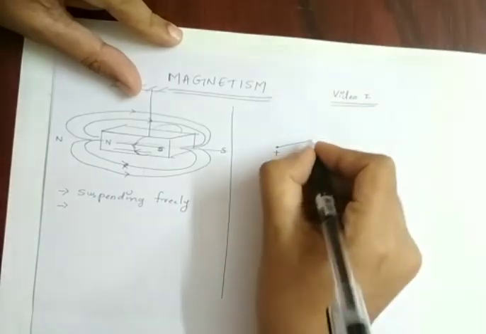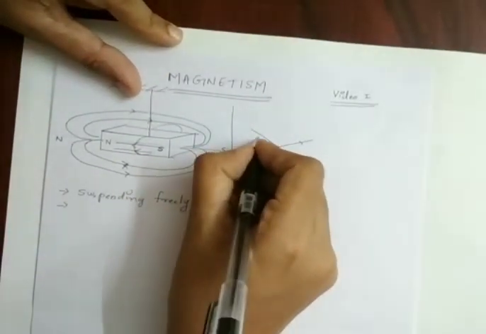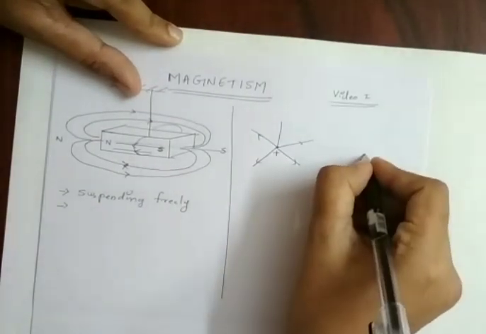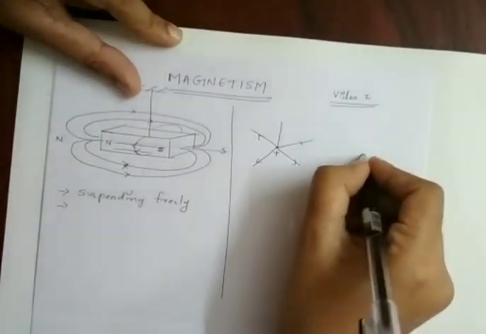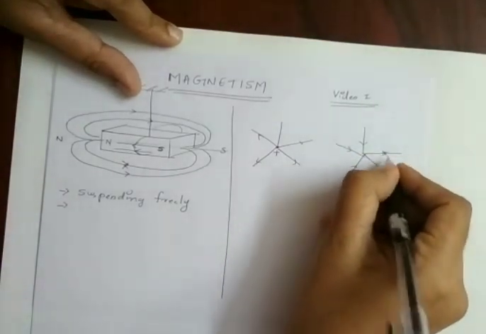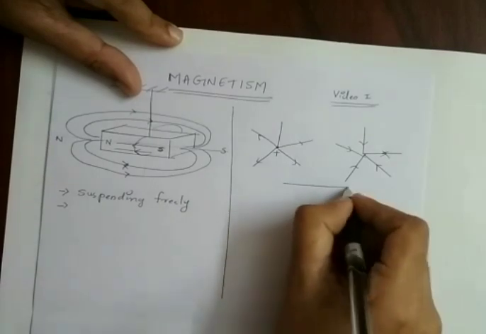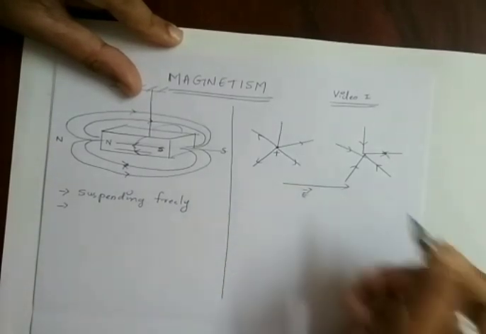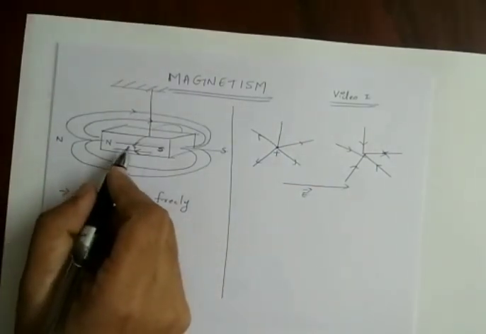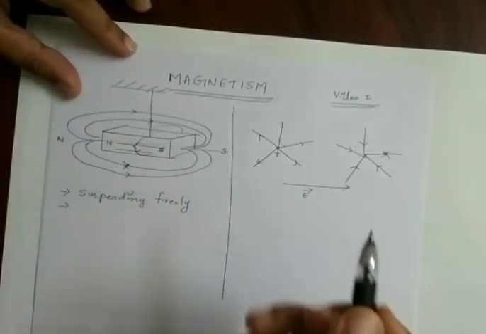We have already studied that positive charges diverge and negative charges converge. Whenever an electric field is present, the electric field direction is from positive to negative. Similarly, whenever you place a magnet somewhere, the magnetic field lines direction is like this.